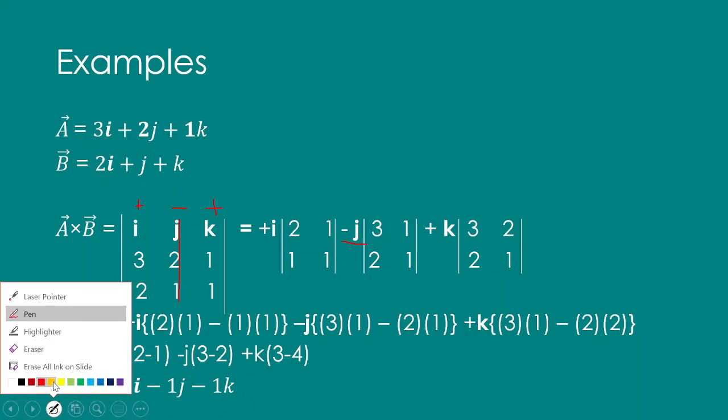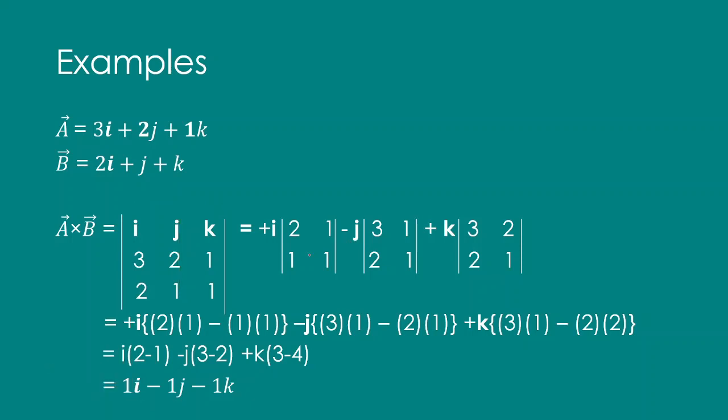Now the next step is just calculating the determinant of the 2 by 2. So I write positive i. To calculate this one, I have 2 times 1 minus 1 times 1, minus j, times 3 times 1 minus 2 times 1, plus k, times 3 times 1 minus 2 times 2.